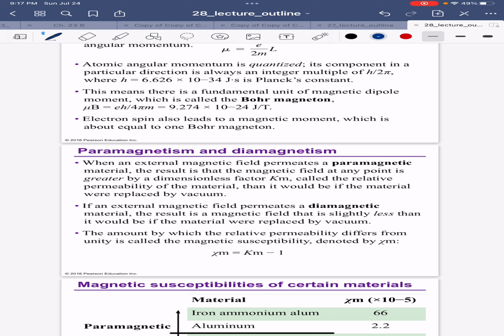When an external magnetic field permeates a paramagnetic material, the result is that the magnetic field at any point is greater by a dimensionless factor. It doesn't have dimensions, and that is called the relative permeability of the material.